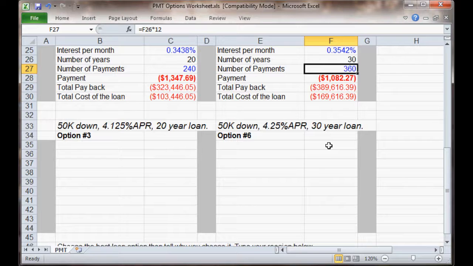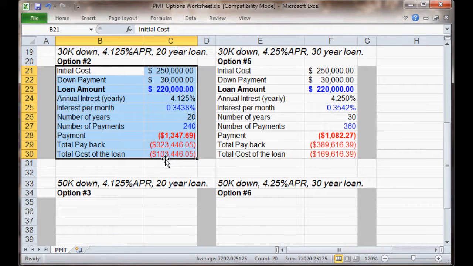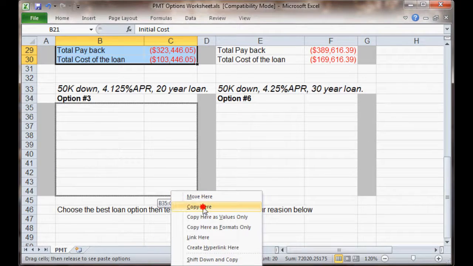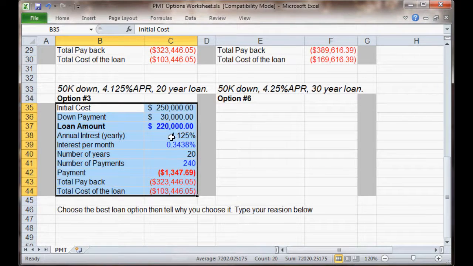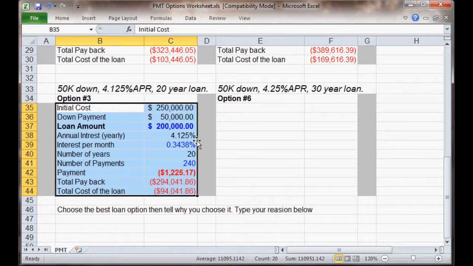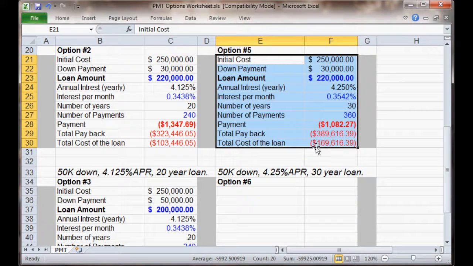And we'll copy it once more. We can copy any one of these. We can copy this one. Right mouse button, right drag, down here, and change the values to match what's been requested. Looks like it's a 50K down, 1.25 still, a 20-year loan, and this one, let's copy from the one above, because I think more of the values are equal or similar.